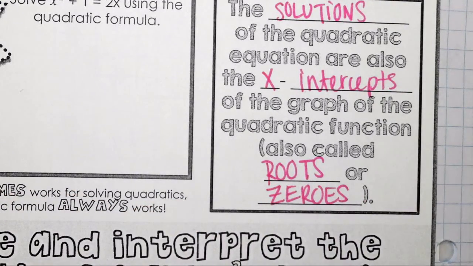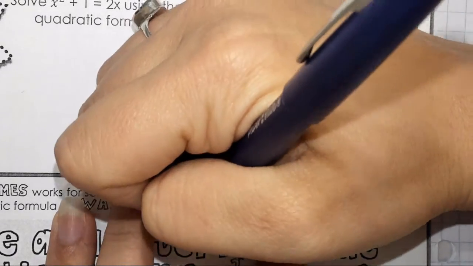How many zeros can we have? 1, 2, or none. Look at you go, take a point. So let's write that on the side.